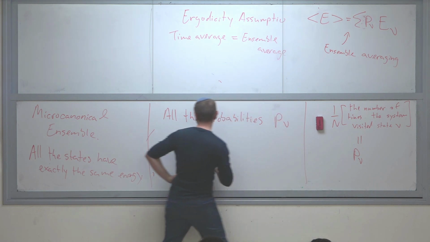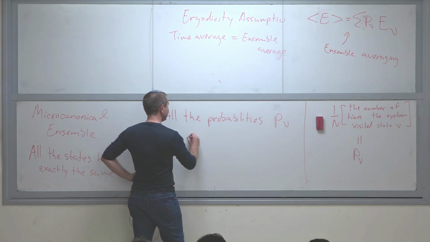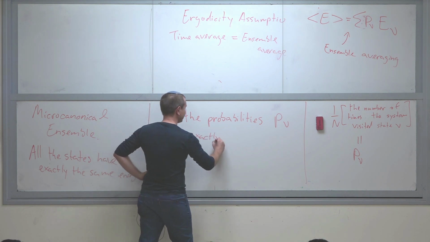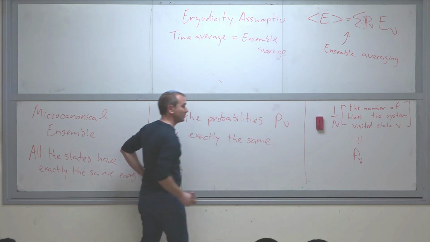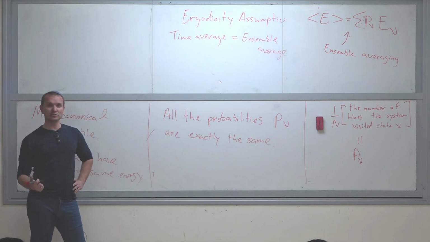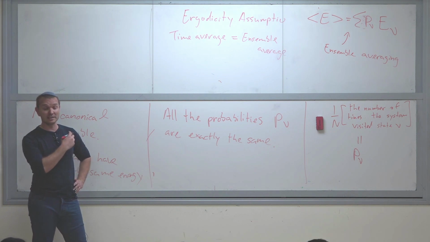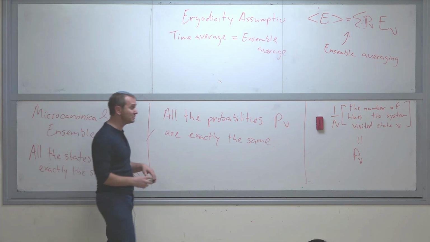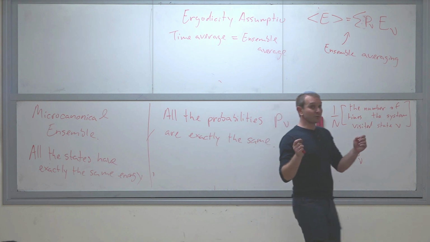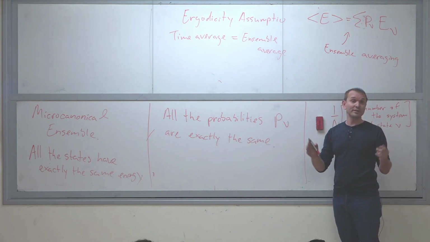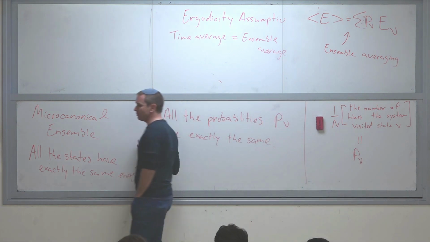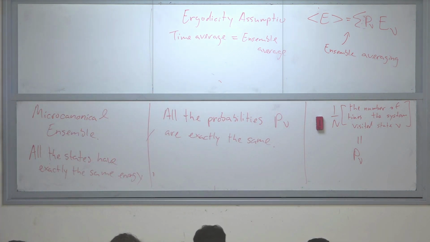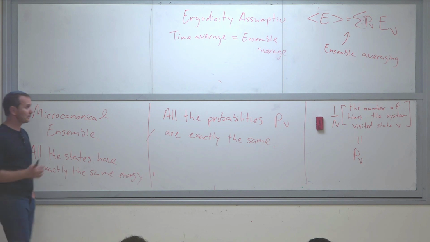The energies of two states are the same, so the probabilities, at least in this ensemble, this set of different systems, are not different. They're exactly the same. Those are the two assumptions of the microcanonical ensemble. They are very important.